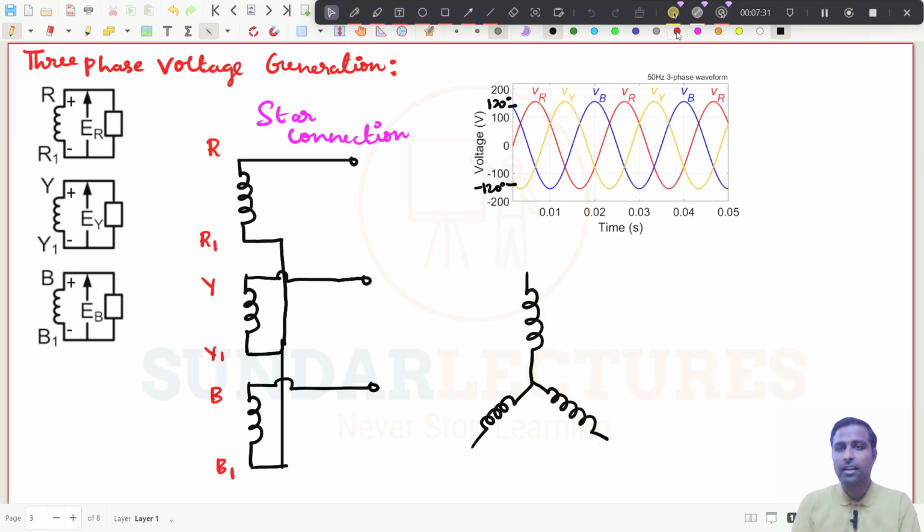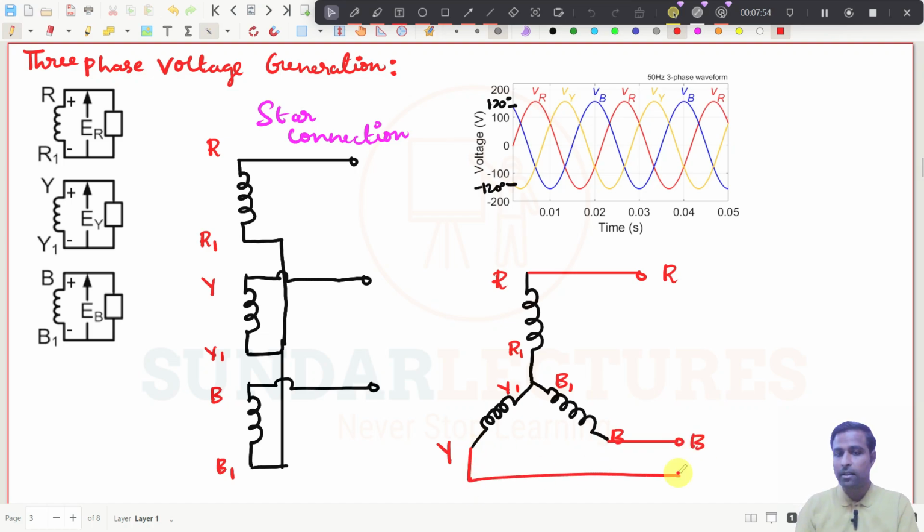See, I can easily write this is now R, and then R1, this is now Y, this is Y1, and this is B1, like this. And if you take out, this will be R, and this will be B, and this will be Y. Maybe you take this as BRY, no problem whatsoever.